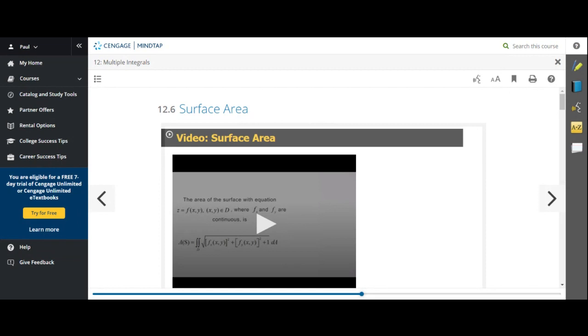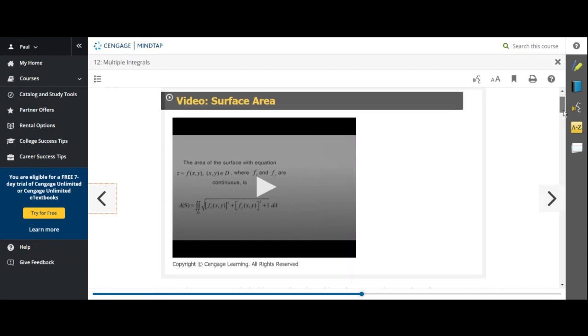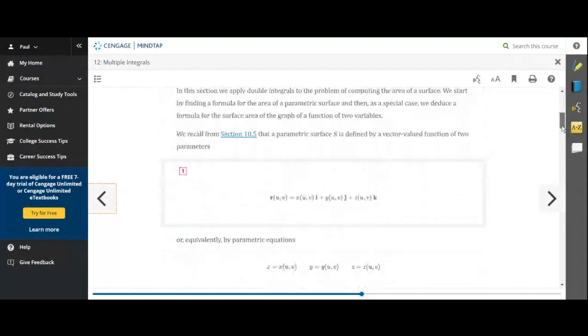There are some nice formulas where we can find surface areas, but we want a more general way to find surface area, because not every surface is a cylinder or a sphere or a prism or a box. And this is what section 12.6 deals with.